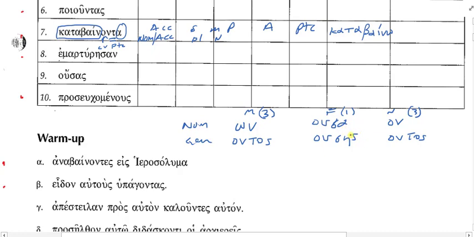It'll be first declension. So if it were accusative feminine singular, it would be katabainusan. Okay, katabainusan. So I'd have an alpha and then the accusative feminine singular case ending.